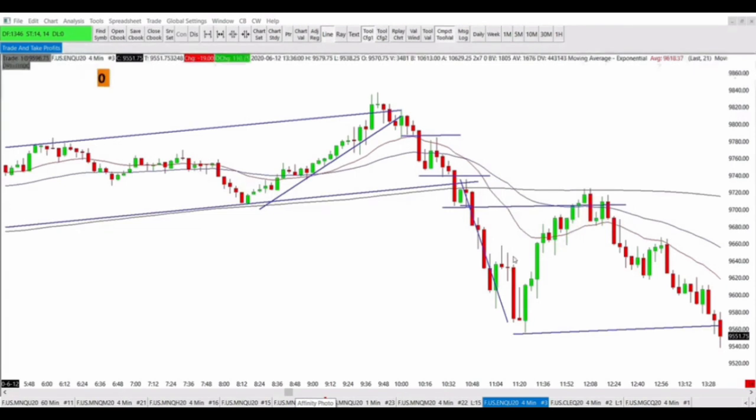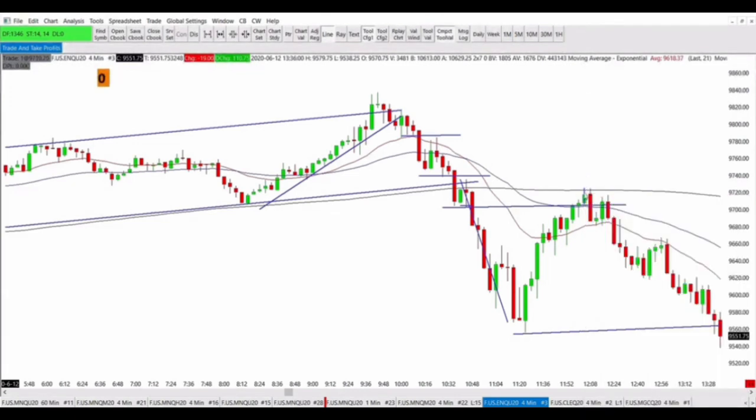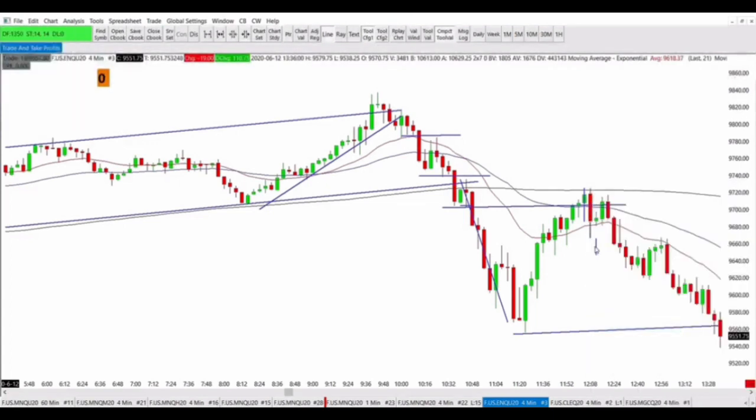Now, I want you guys to see this. Let's say that you got in right here with the engulf, and this is your risk right here. Now, imagine you holding this all the way down to the low. I'm trying to do a measured move right here. So we're going 1, 2, this is how many times it moved down.